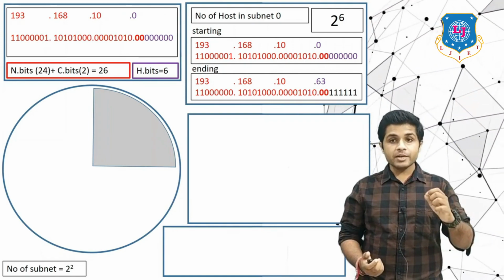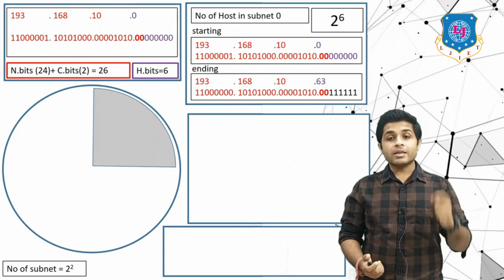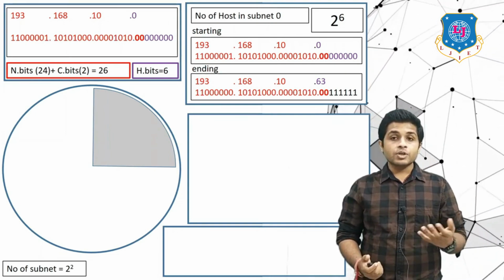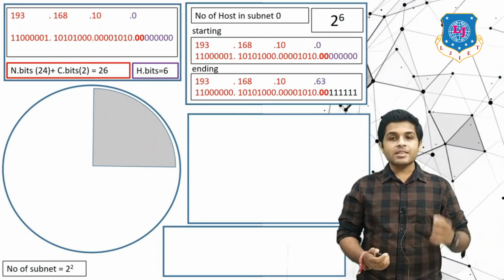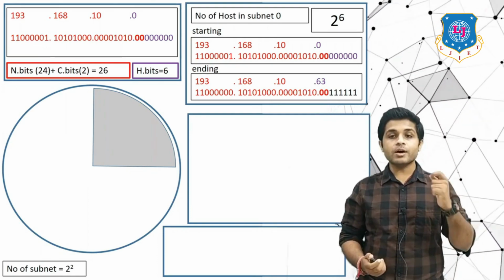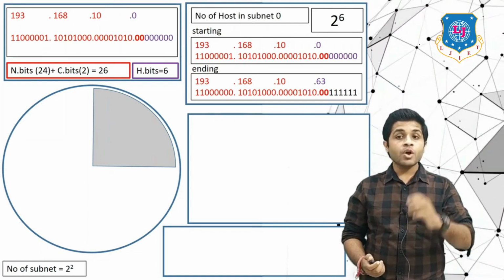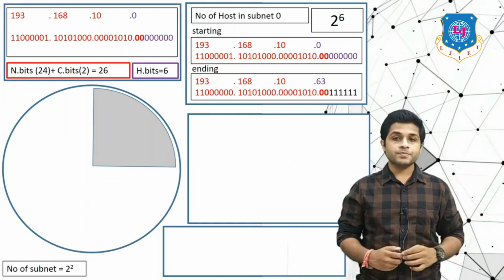So the first IP address is the address of the whole subnet, and the last IP address is the broadcast address. What is the meaning of broadcast address? Any message sent to the address 193.168.10.63, all the devices in subnet 0 will receive the message.